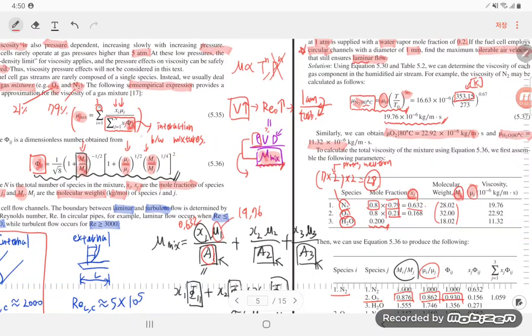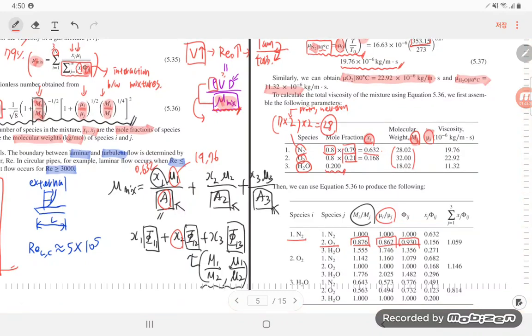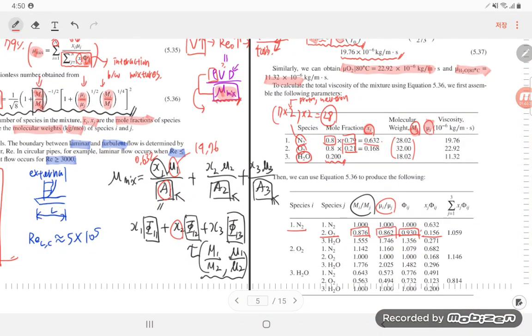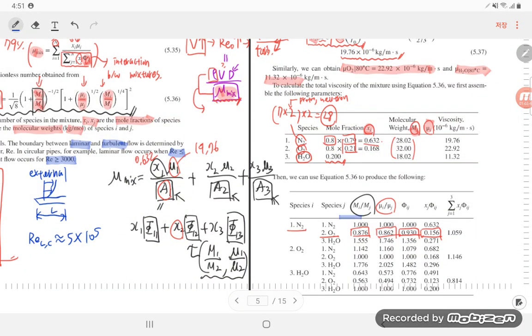And then finally, there is the mole fraction of x2. If you insert the x2 in here and multiply it together, then we can now get this 0.156. Okay, for the other one, pi 1 1, if we want to get this one, then this is the molecular weight ratio, viscosity ratio, pi, and x pi.